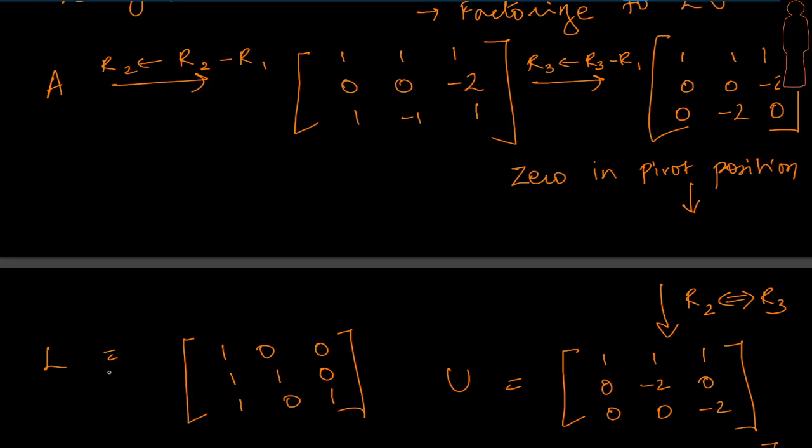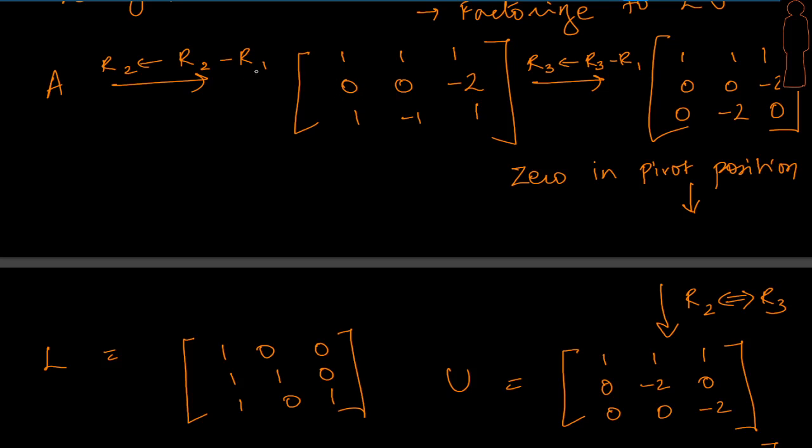How do I bring up the L? There is one fact that I am using, and that fact is that the multipliers are forming the lower triangle of my L. Okay. So first, how I fill up is I fill the ones and the zeros here. There are 3 elements here. These 3 elements I am going to pick up from the multipliers that we have here. What's the first multiplier for this element? 2 1.